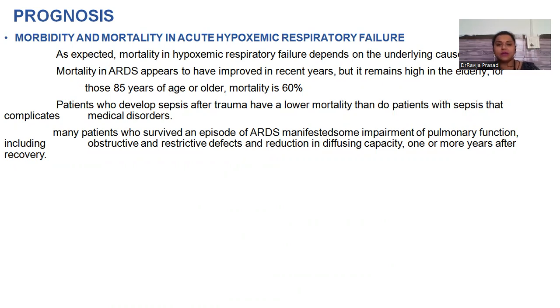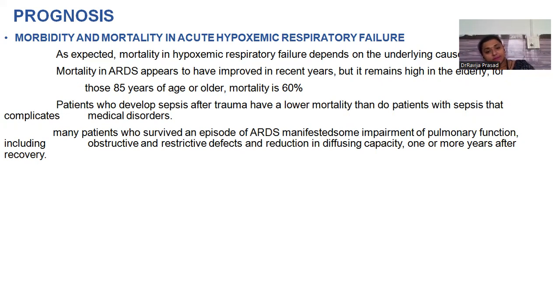The morbidity and mortality in acute hypoxemic respiratory failure, as expected, depend on the underlying causes. Mortality in ARDS appears to have improved in recent years, but it remains high in patients who are over the age of 85 years, where mortality is 60%.